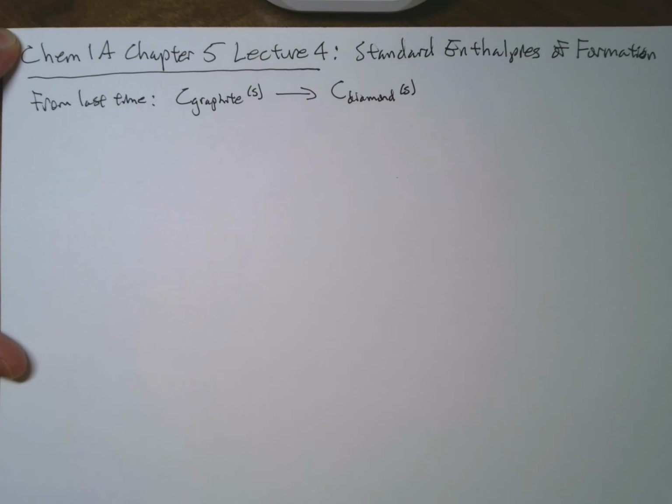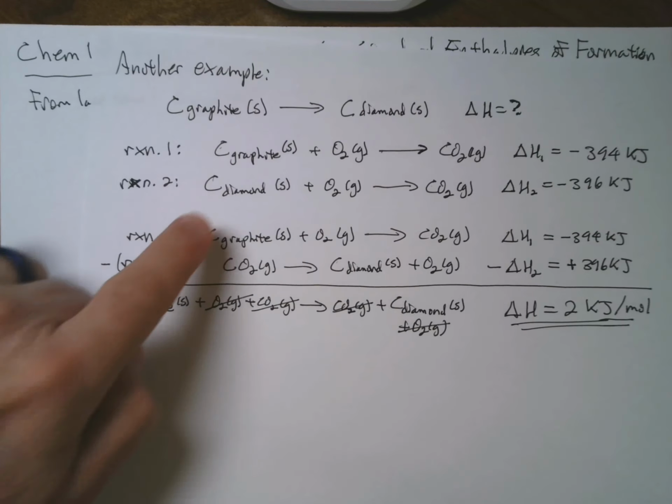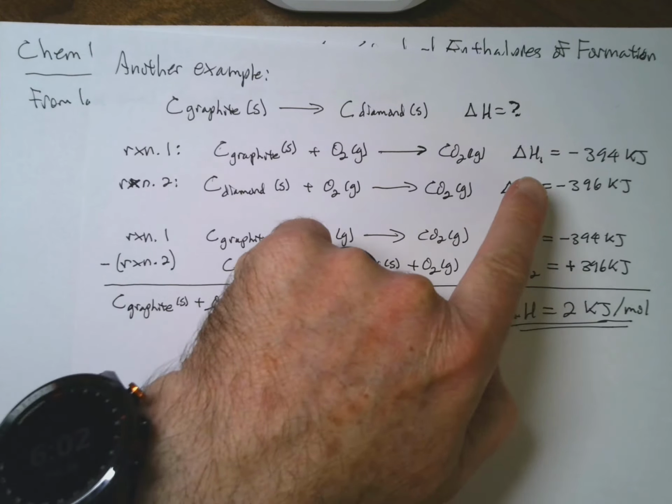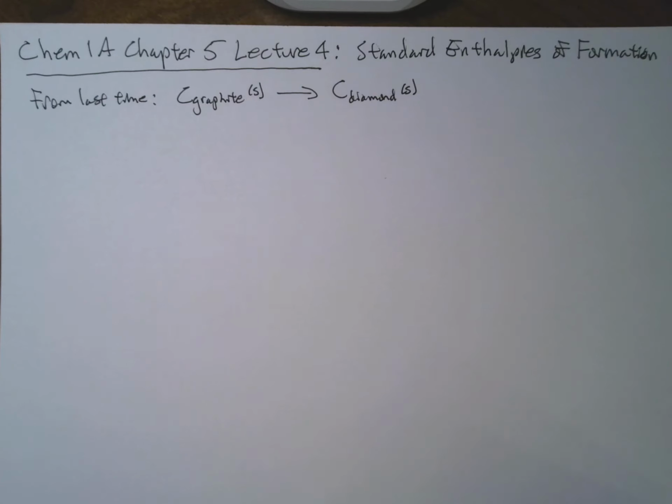We burned things. So when you do a combustion reaction, the enthalpy is called a heat of combustion. And so we could get a value for the delta H for this reaction using heats of combustion.